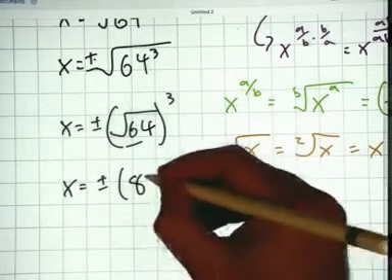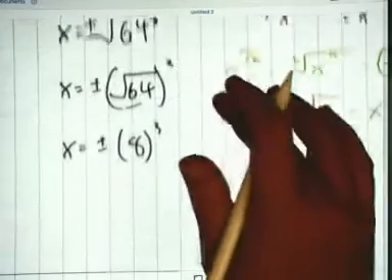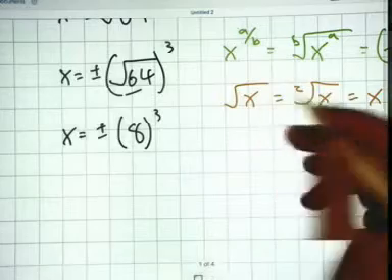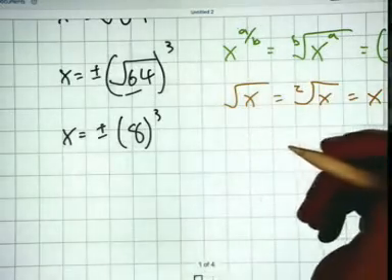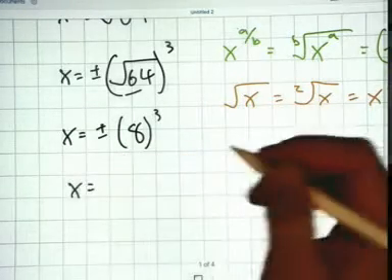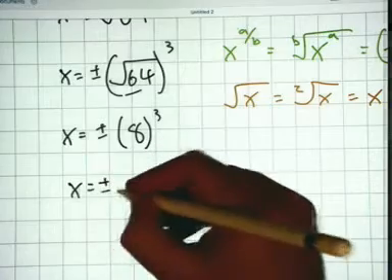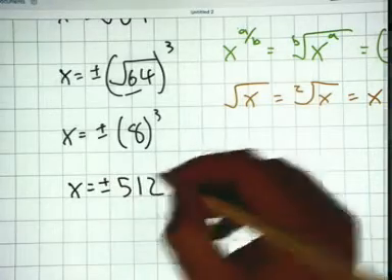Square root of 64 is 8 to the third. And you have your calculator with you, so you should be able to evaluate 8 to the third. 8 to the third should be 512, so that's why we get plus or minus 512.